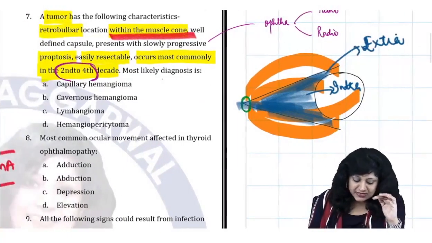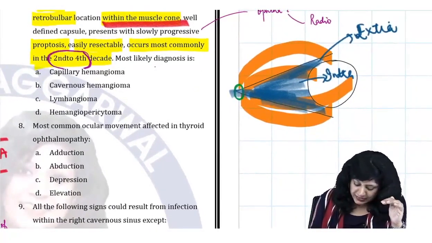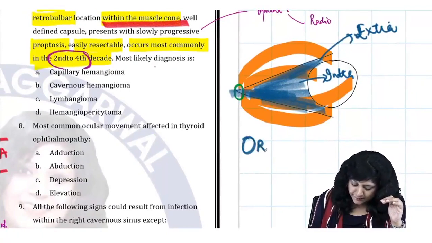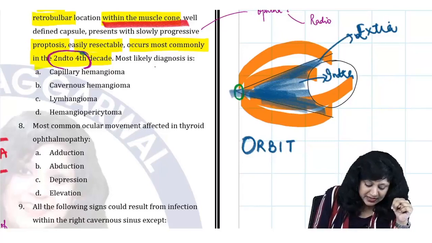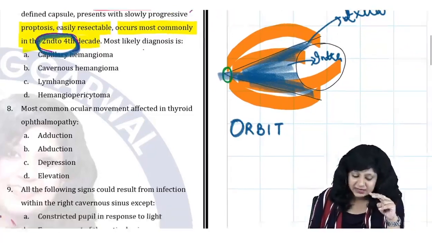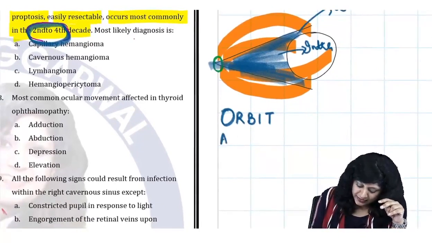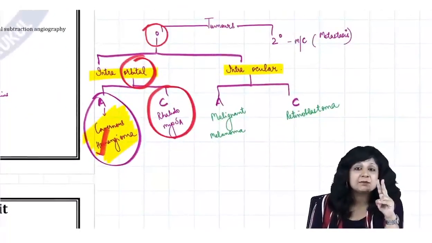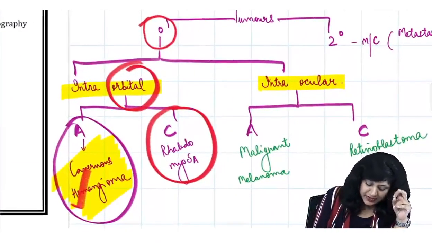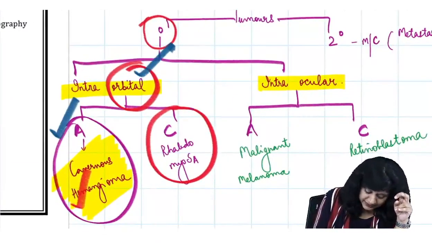So that means the tumor we are talking about is present in the orbit, and the second important thing is that it occurs between the 2nd to 4th decade. So this is occurring in adults. Now according to the flow chart that we have discussed, the tumor should be intraorbital and present in adults. So what should the answer be?